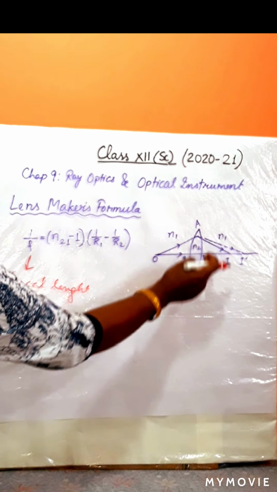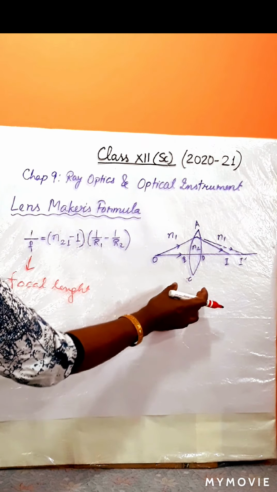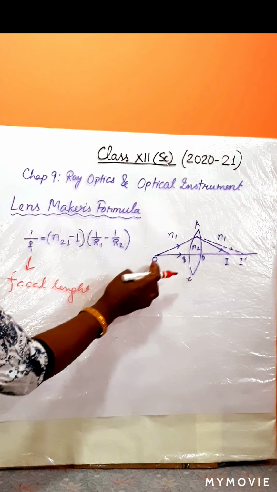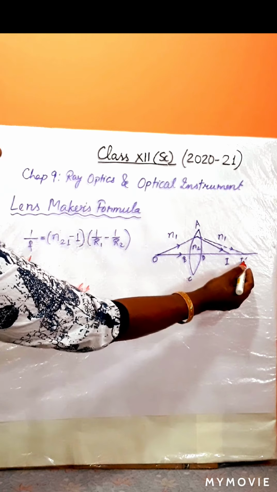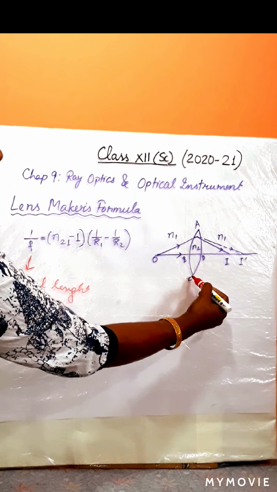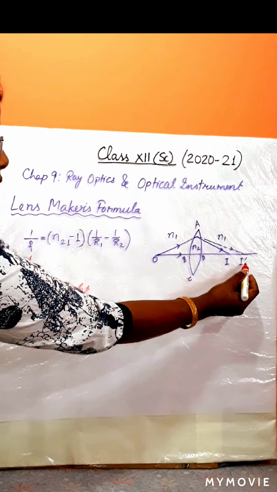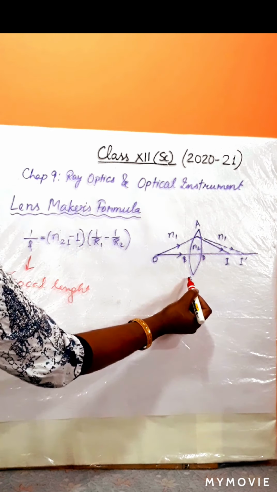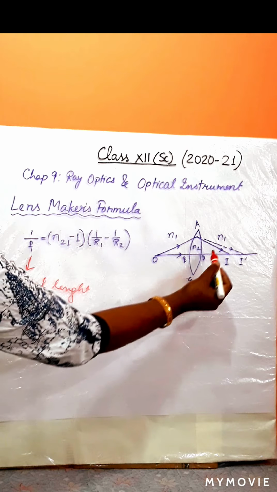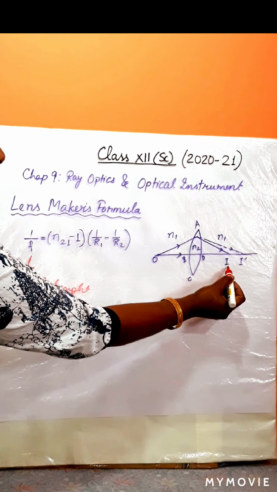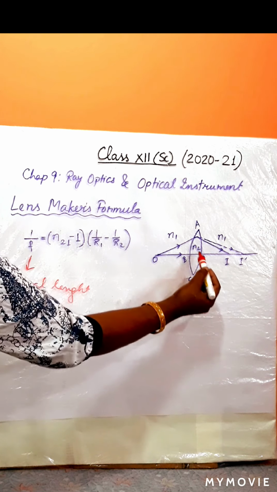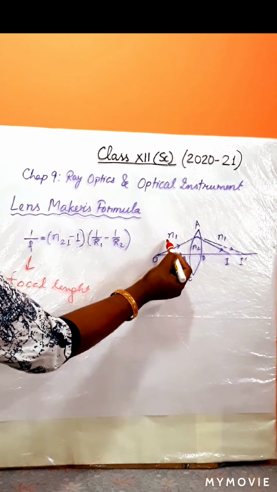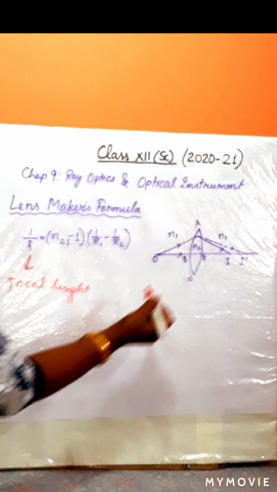Now here it's a biconvex lens. ABCD is a biconvex lens where O is an object, a point object. Now I dash is the image formed by the surface ABC. Now this I dash image acts as a virtual object for the surface ADC. Now the final image is formed at I, where N2 is the refractive index of this lens and N1 is the refractive index of the surrounding medium.